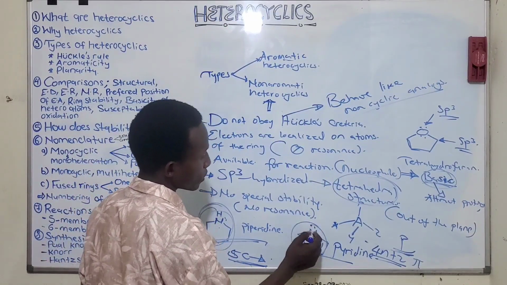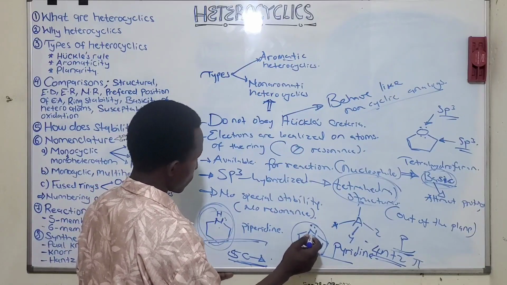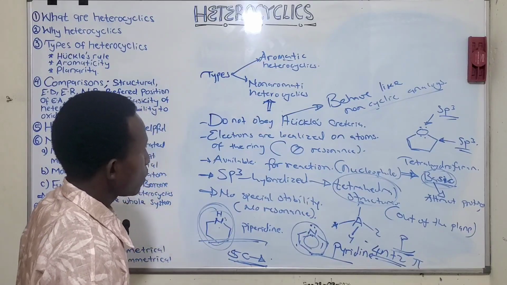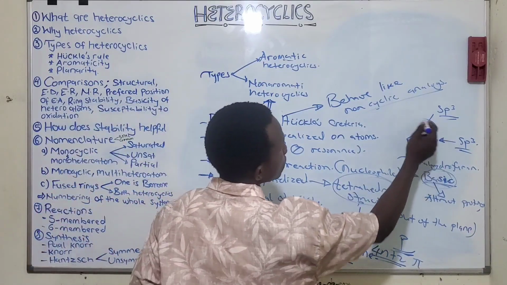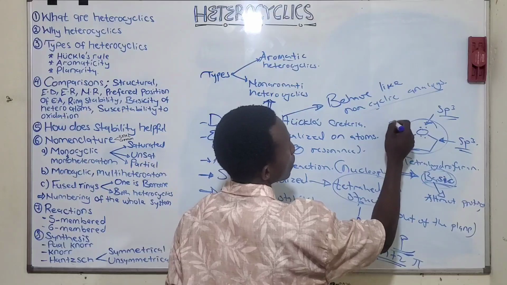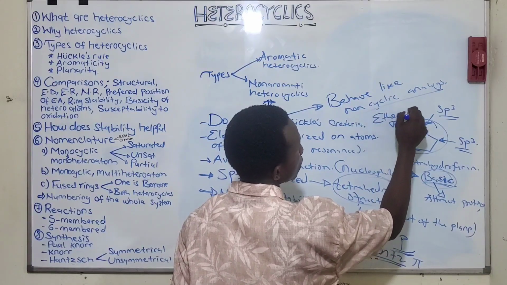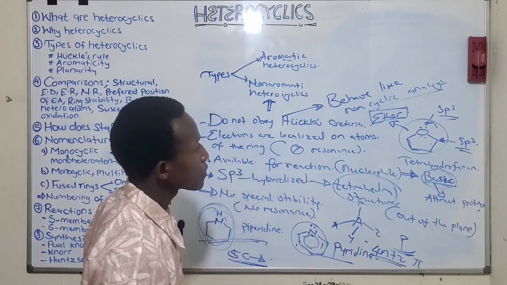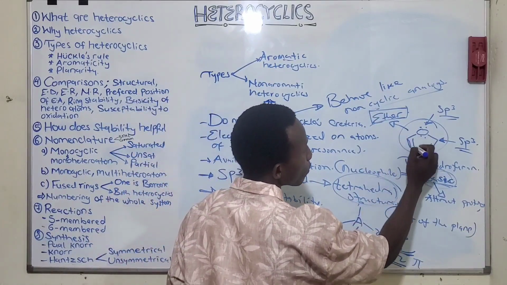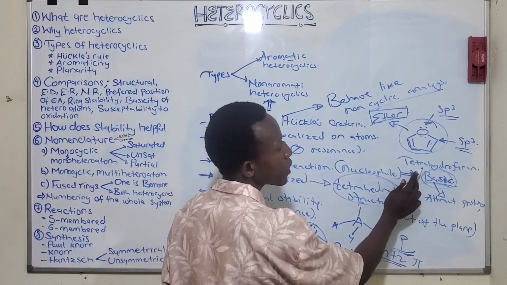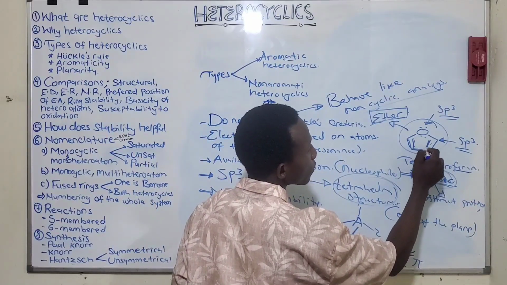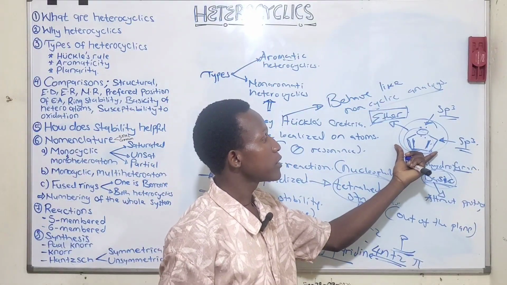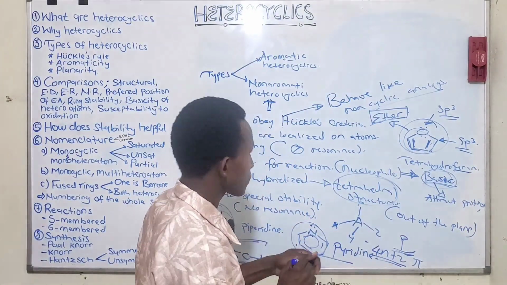In this one, one of the electrons participates in resonance. This one, tetrahydrofuran, behaves like a 5-membered ether. It has no special stability. But the moment you put double bonds, it changes from tetrahydrofuran to furan. And if you put double bonds, it means that this one is aromatic. We shall see.